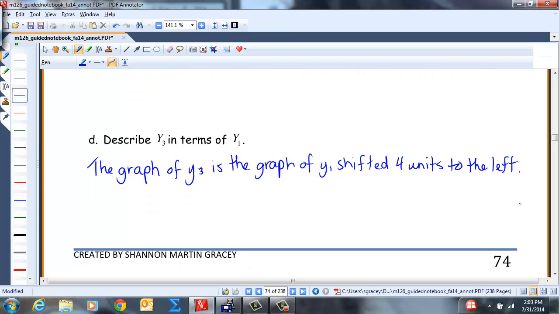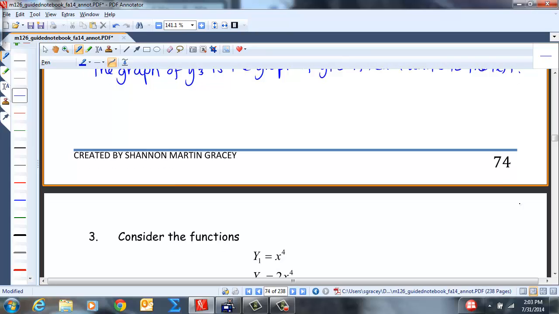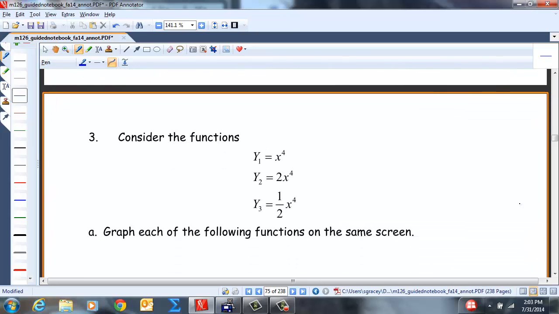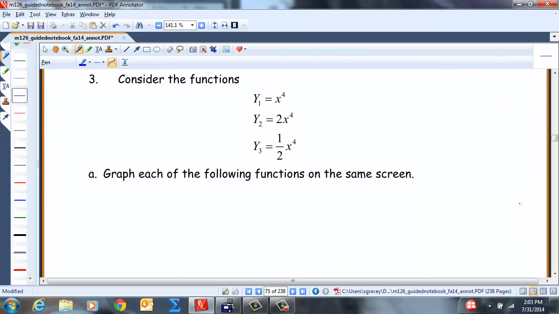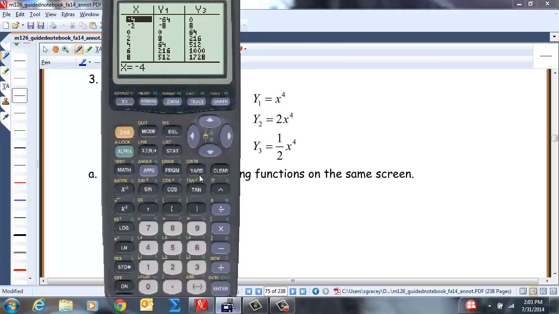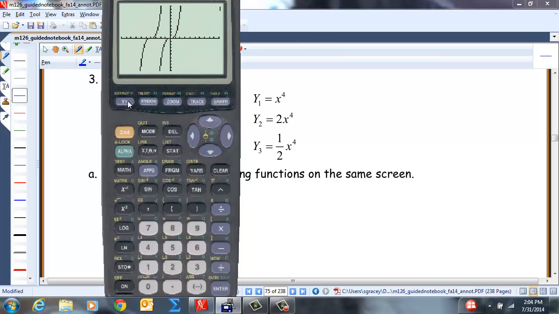Okay, so we've talked about vertical shifts and horizontal shifts. So now let's take a look at if you've got a multiplier on the function. So a new set of functions. If we go to our y equals, we now have x to the 4th as our regular graph.